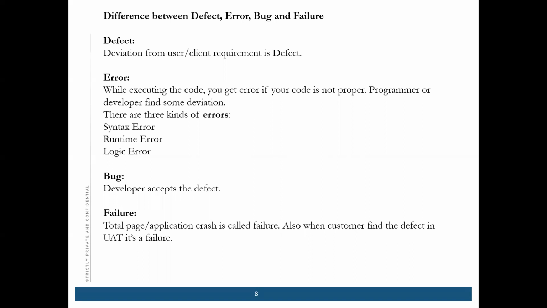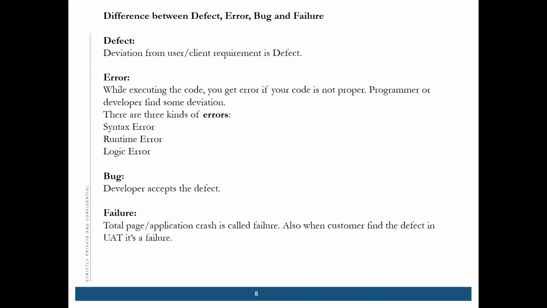When you are not getting the correct pop-up, is it like a runtime issue? Is it like if you miss something in the code, like a semicolon or anything? No, that is a syntax error.